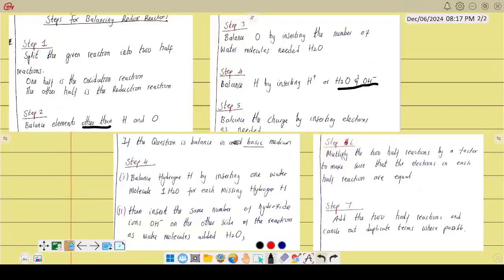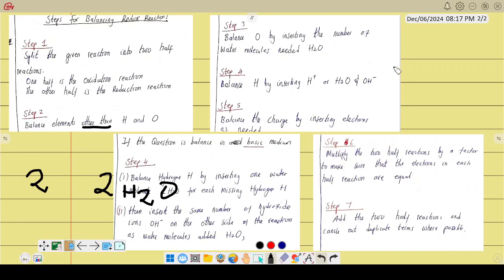So step 4 here, it can be problematic when balancing in basic medium. So a breakdown of step 4 is where we say we balance hydrogen by inserting 1 water molecule for each missing hydrogen. So if on the left hand side we have 2 more hydrogens, it means on the right hand side we are going to put 2 water molecules.